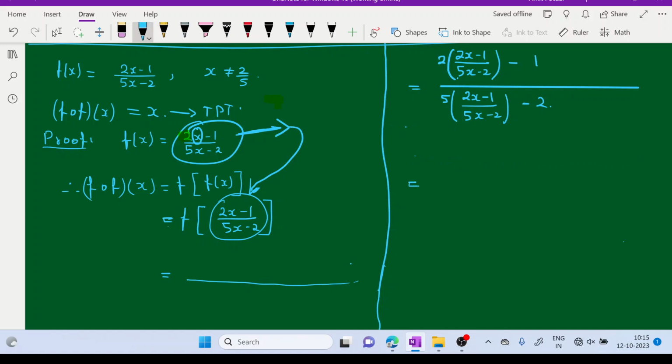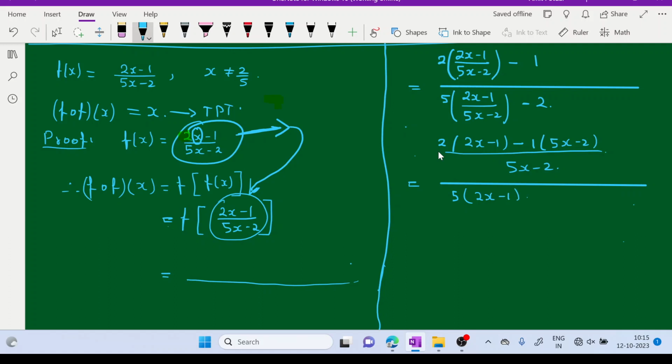So this is equal to, 2 into (2x minus 1) into (5x minus 2) divided by (5x minus 2), and this one is 5 into (2x minus 1) minus 2 into (5x minus 2) divided by (5x minus 2). इसका LCM ले लिया, right?